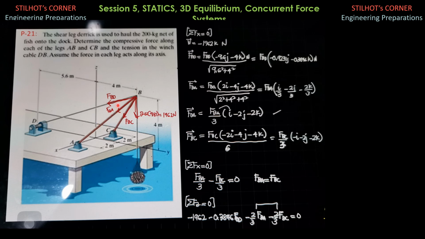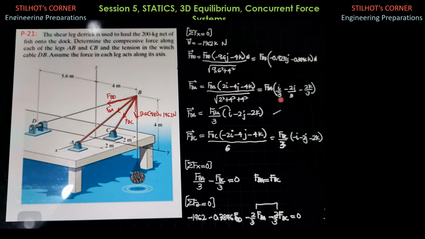so BA is directed down to the left, then forward. So forward along X, positive 2. Along Y, because it's leftward, negative 4j. Then along Z, downward, negative 4k. So therefore, FBA is the magnitude of the force FBA times quantity along X, so 2i, negative 4j, then negative 4k over square root of quantity 2 squared plus 4 squared plus 4 squared, simplifying.